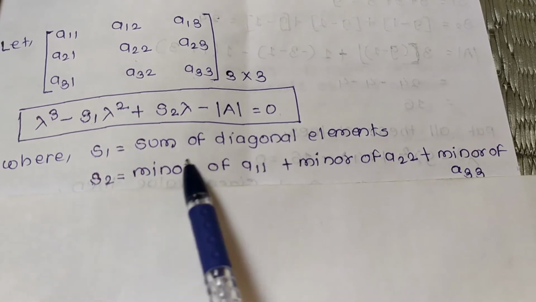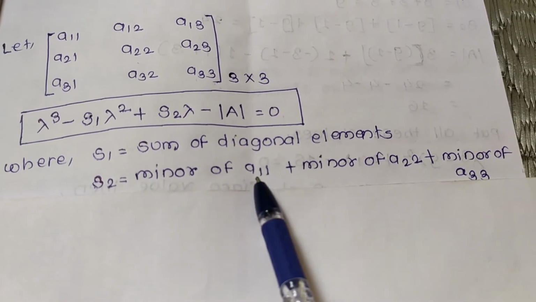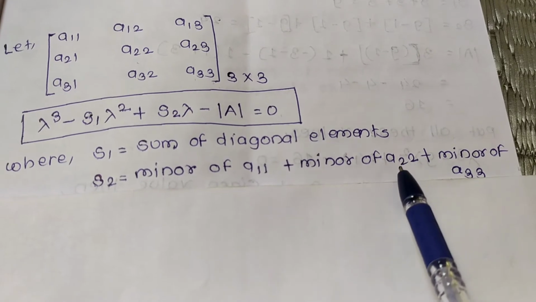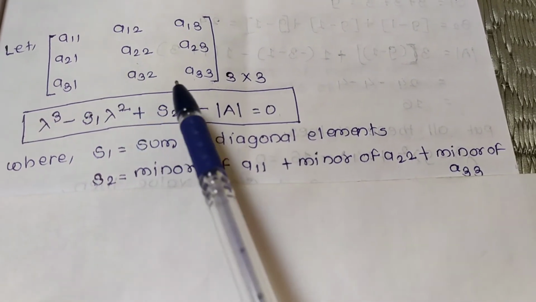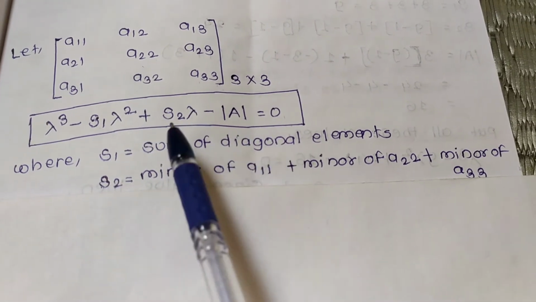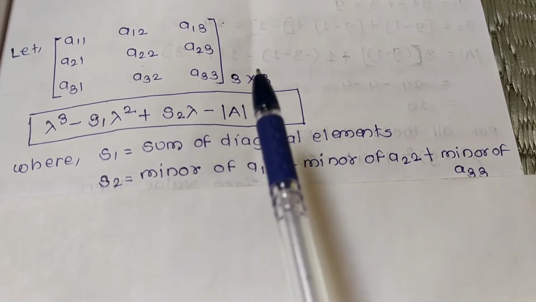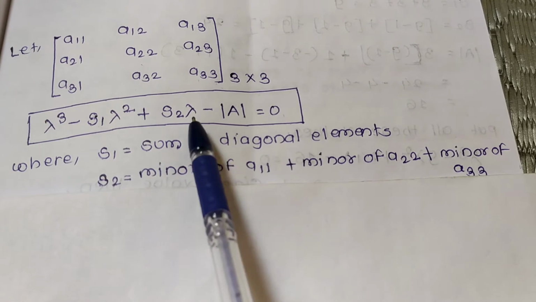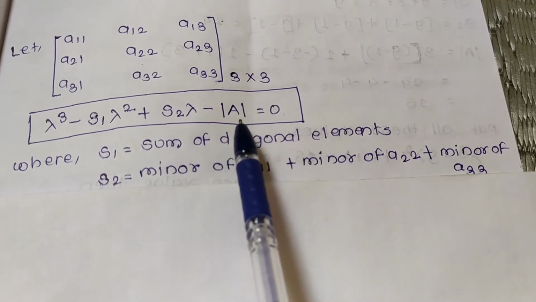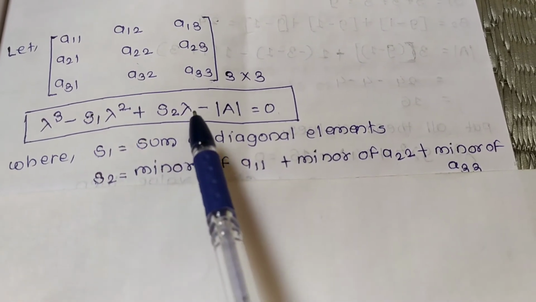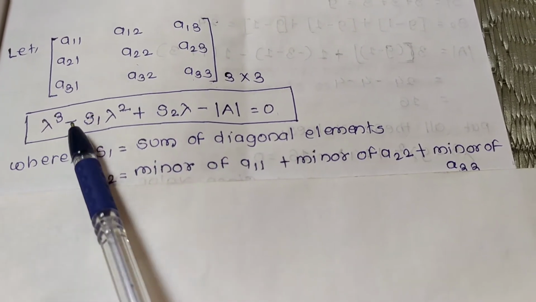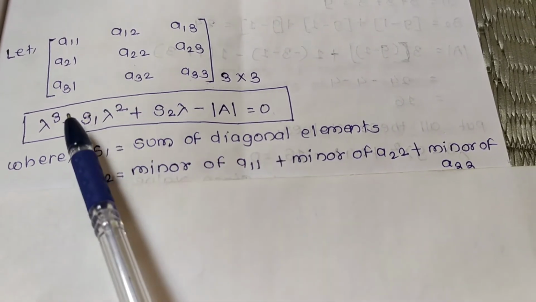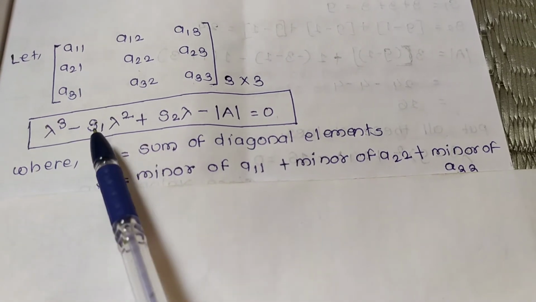S2 is the minor of A11, minor of A22, minor of A33, means the minors of the diagonal elements. What is the determinant? We know it. After calculating this formula, we get the values of lambda, the eigenvalues. Same: plus sign, minus sign, plus sign, minus sign. Start from cube.